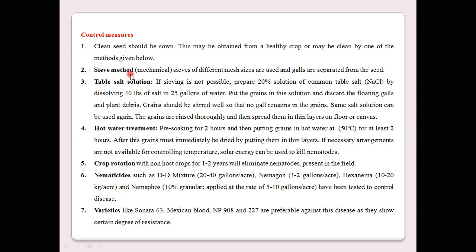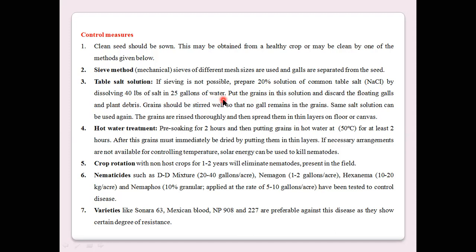Then these seeds are soaked in a brine solution, that is a 20% common salt solution, made by dissolving 40 lbs of salt in 25 gallons of water.